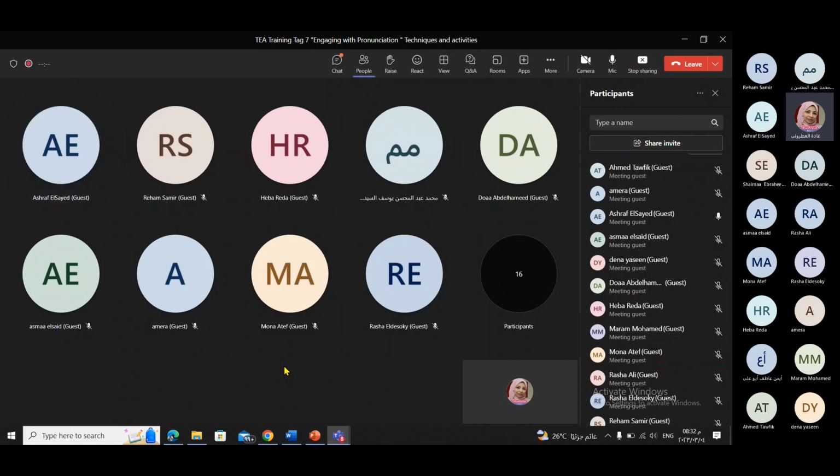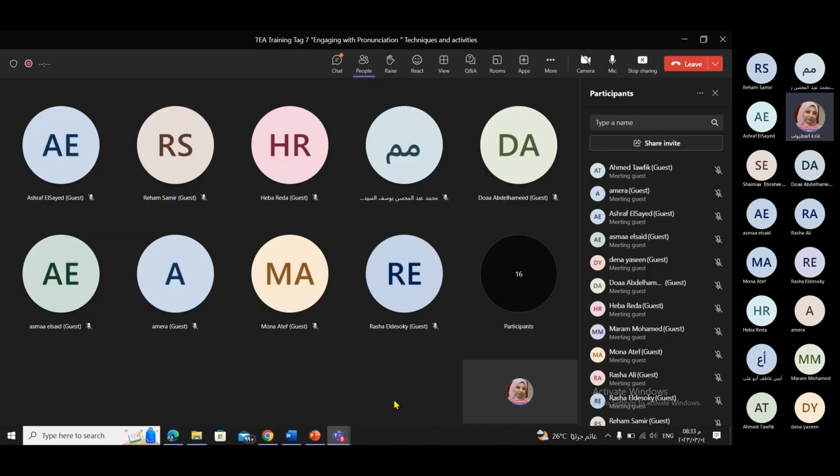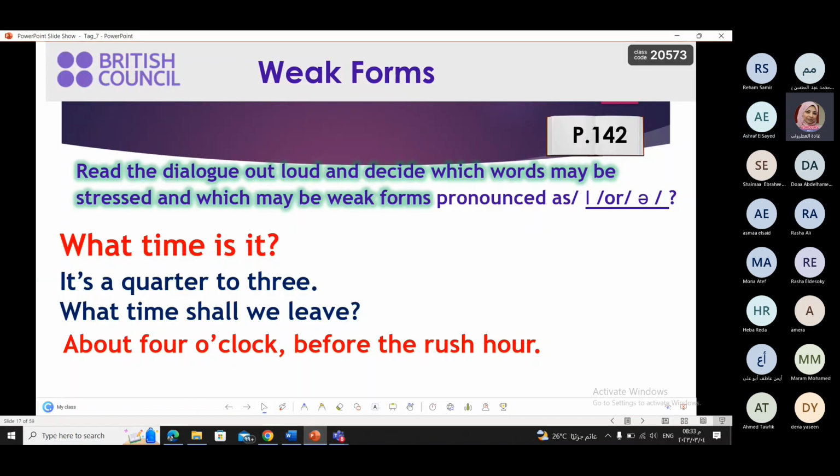Okay, Miss Riham, are you ready to read with Mr. Ashraf? Okay. Yes. Okay, Mr. Ashraf, shall we drill together? Okay, you start.